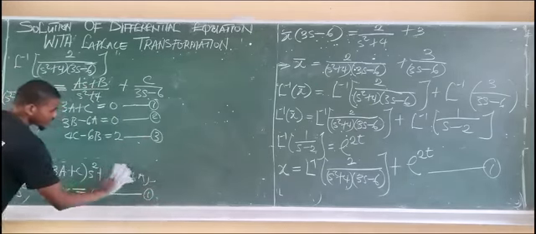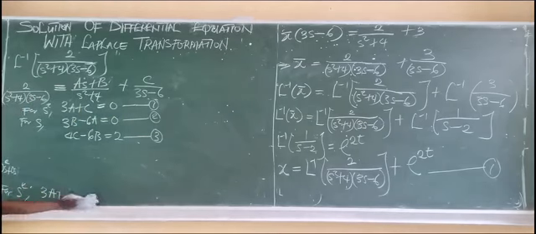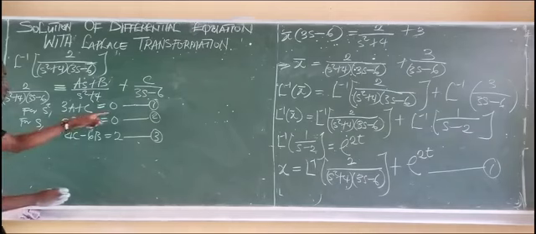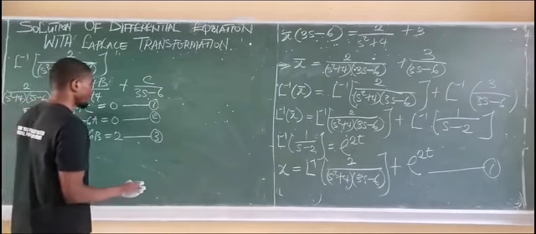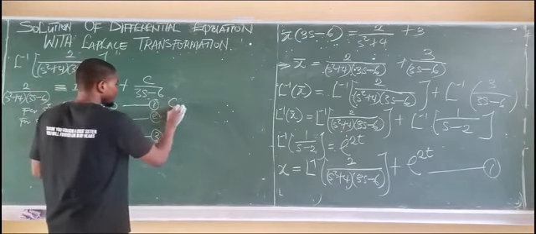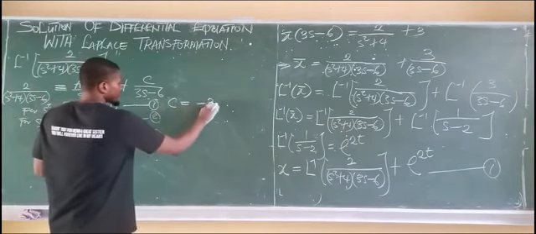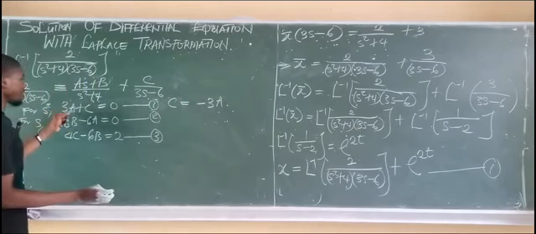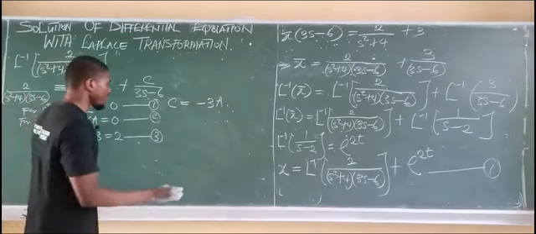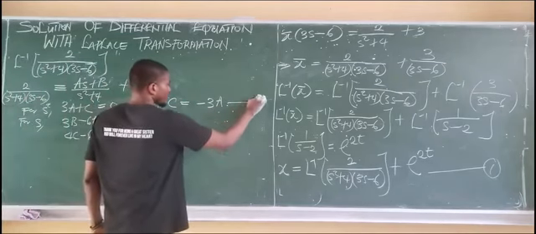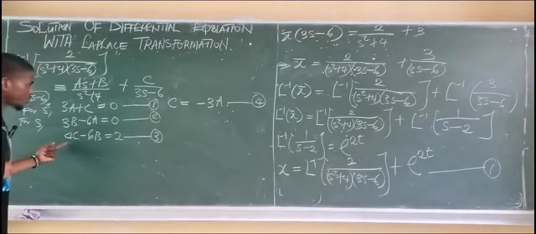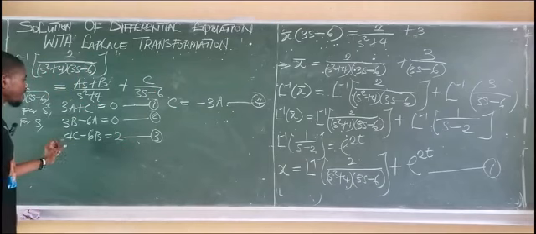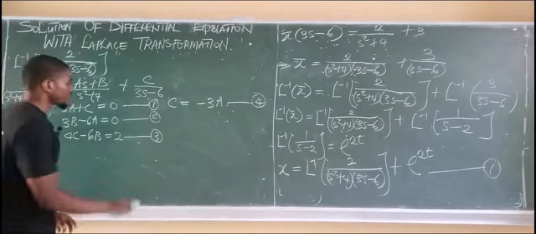That becomes the solution. Now let's solve these 3 equations simultaneously and find the values of a, b, and c. From equation 1 we can make c the subject in terms of a. So from 1, c is equal to minus 3a. If I send 3a over, c becomes minus 3a. Call this equation 4. Now, substitute equation 4 into equation 3 to obtain terms in just a and b.